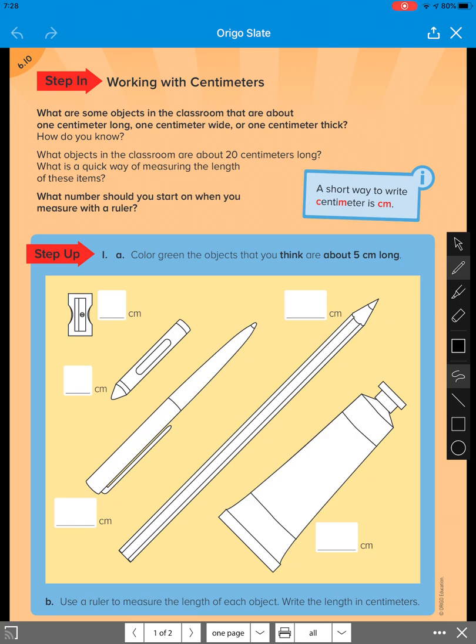So I'm going to go ahead and think about a couple of things that are 1 centimeter long, 1 centimeter wide, or 1 centimeter thick. The first thing I'm thinking about is a pencil. That's one example. Or you can think about an eraser.